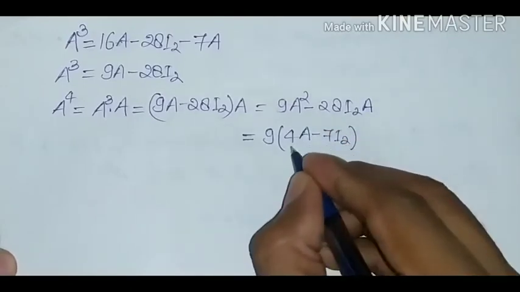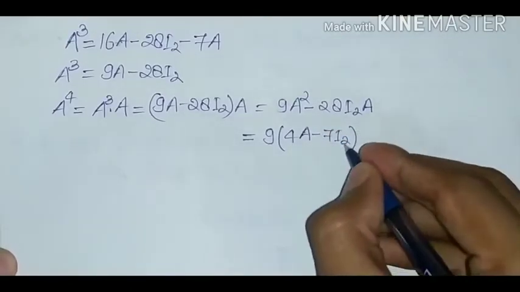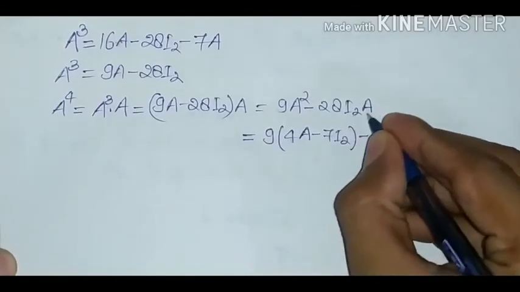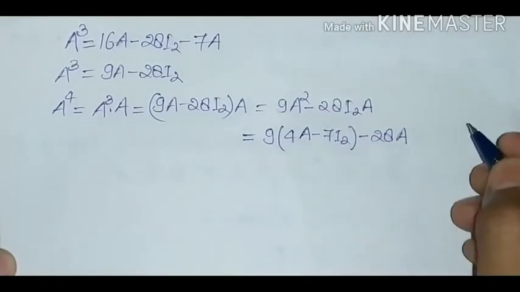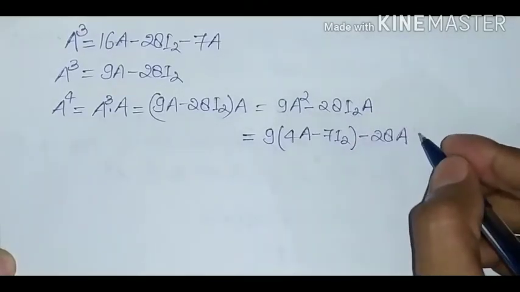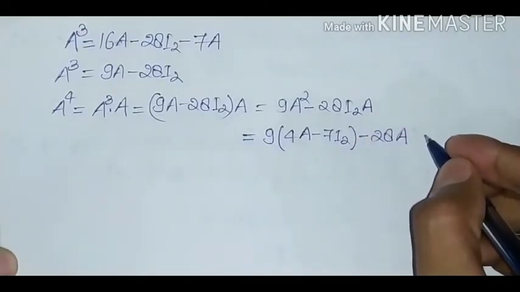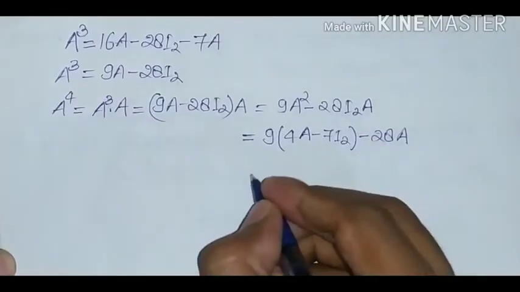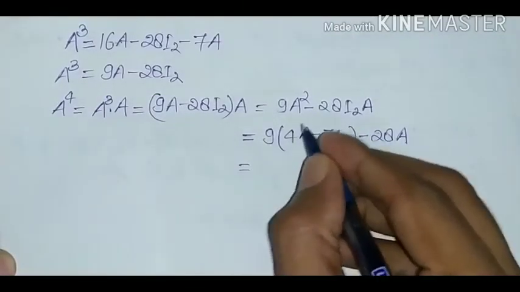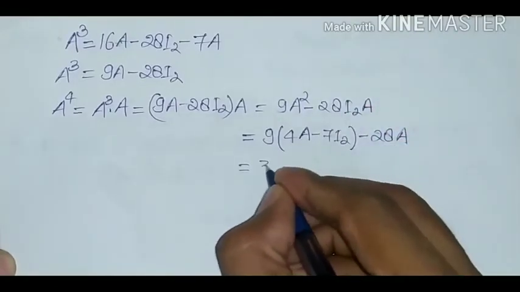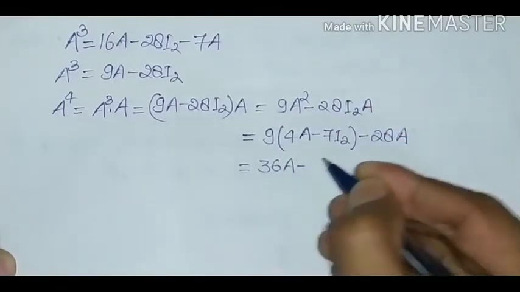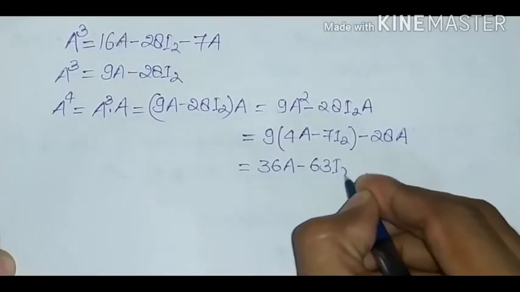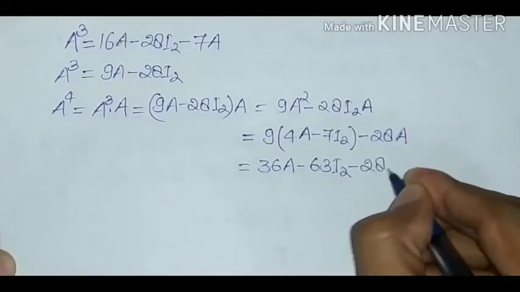Minus 28 I2 into a will be a, since I2 is an identity matrix of order 2. If I multiply by a, then it will be a. Now here is 9 into 4 will be 36a minus 9 into 7, 63 I2, minus 28a.